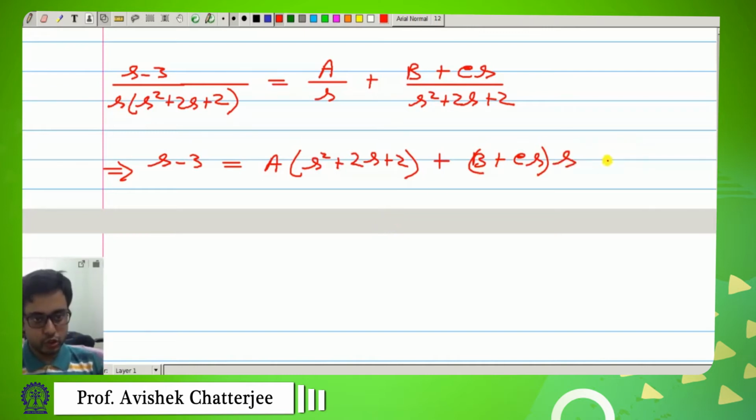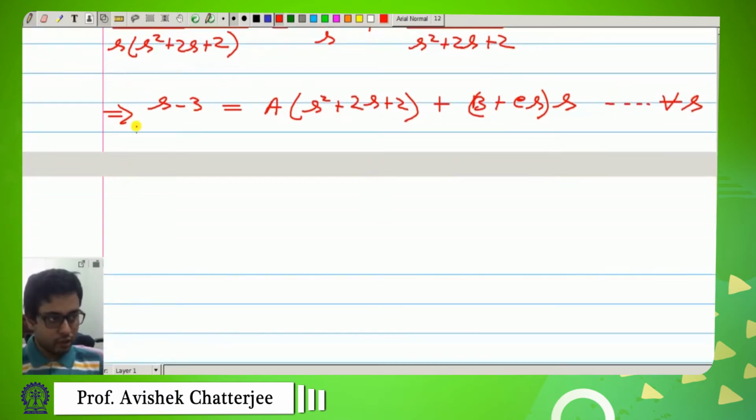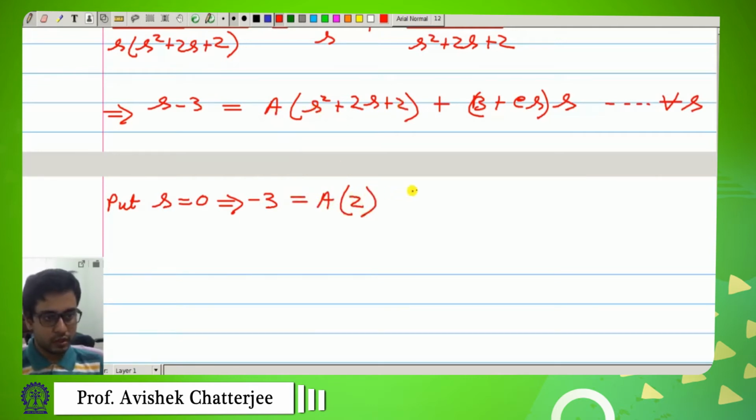Now this is true for all values of s. This is an identity. So if I put s equal to 0 to make this term disappear, then here I have 0 minus 3, which is minus 3, equal to a, this is 0 plus 0 plus 2, and this is 0.